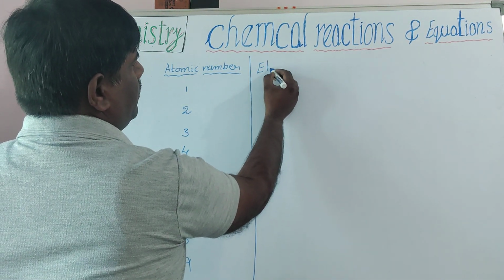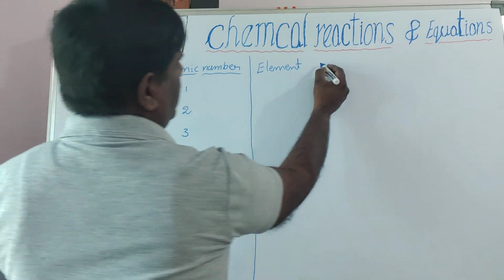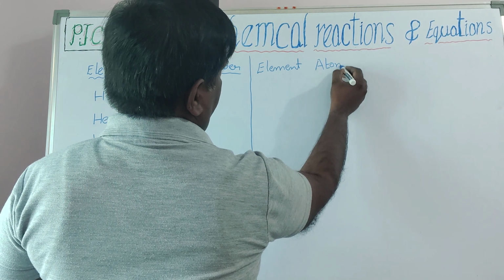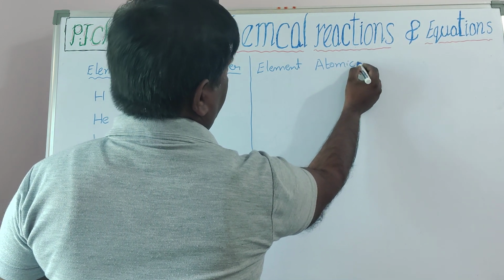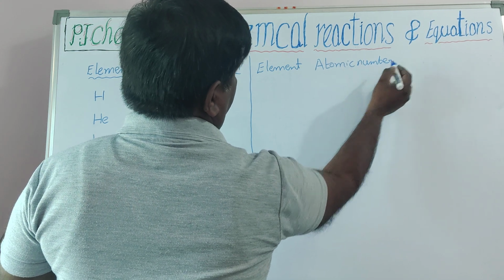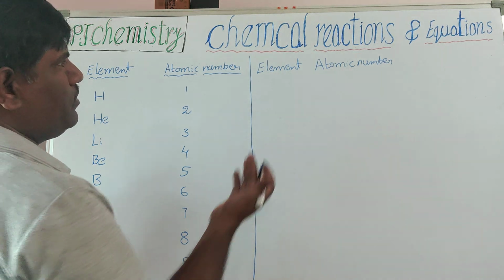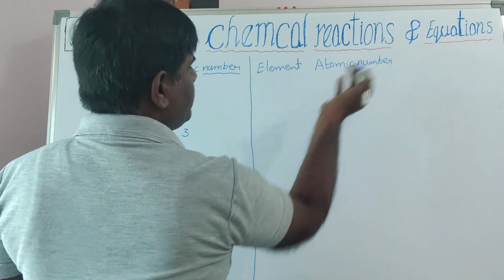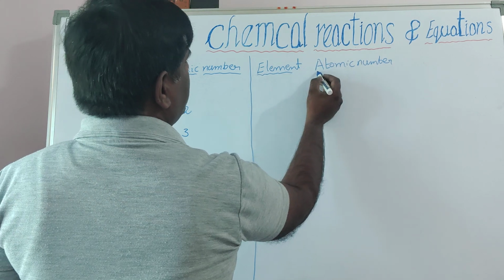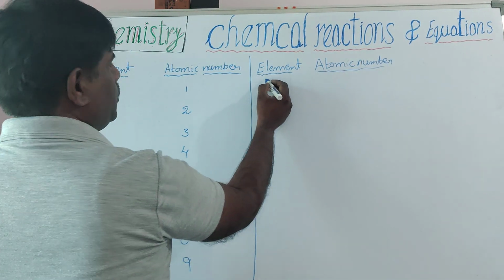Next, element, atomic number. Atomic number is denoted by capital Z. Instead of writing atomic number, you can use capital Z. Sodium.